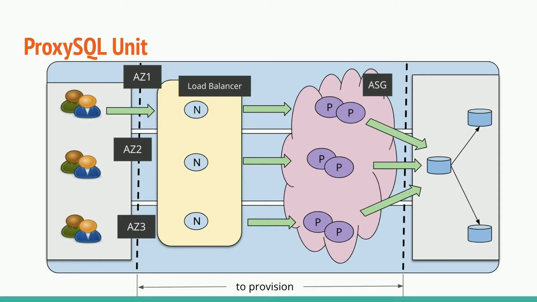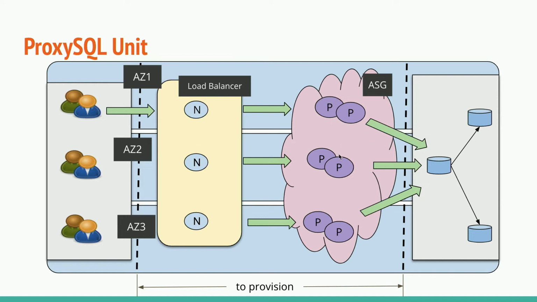So, what do we provision? This picture describes a piece of infrastructure that I will cover in this talk. We do have clients. We do have a MySQL replica set. And the proxy layer is this. We need to provision a load balancer.